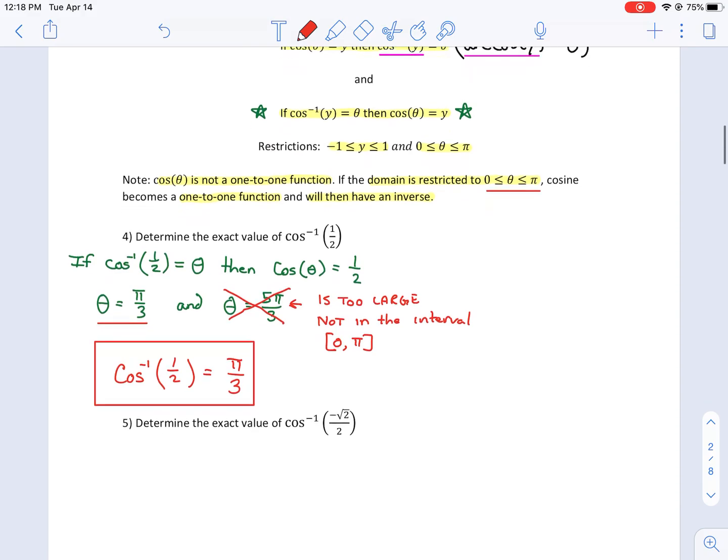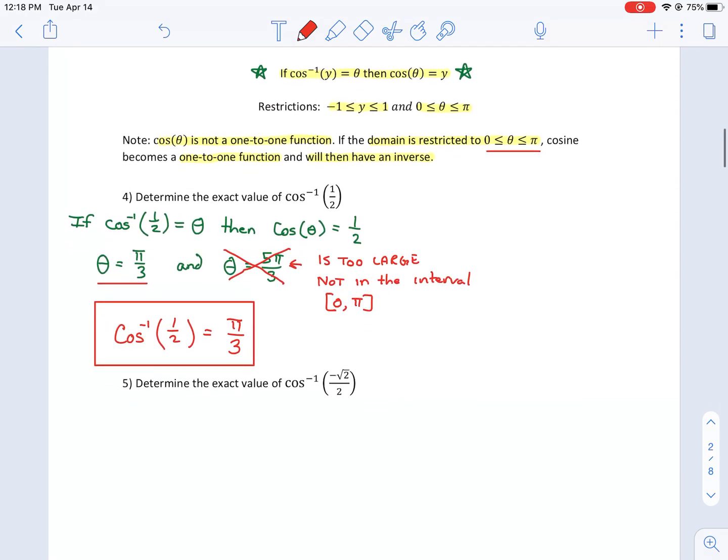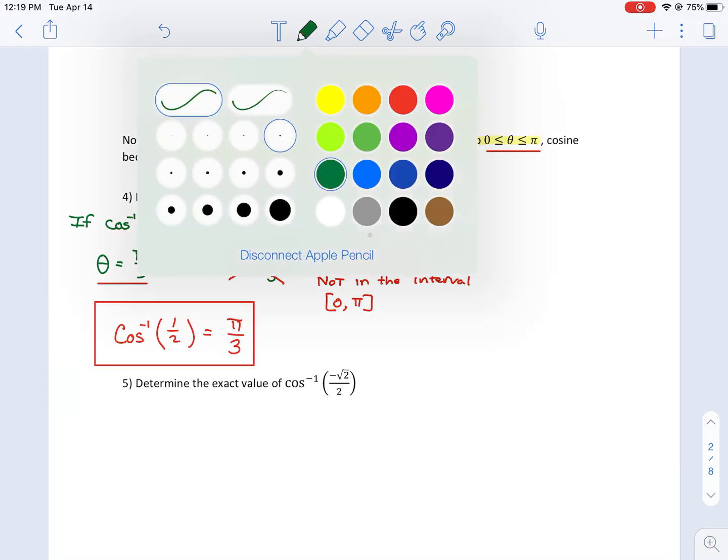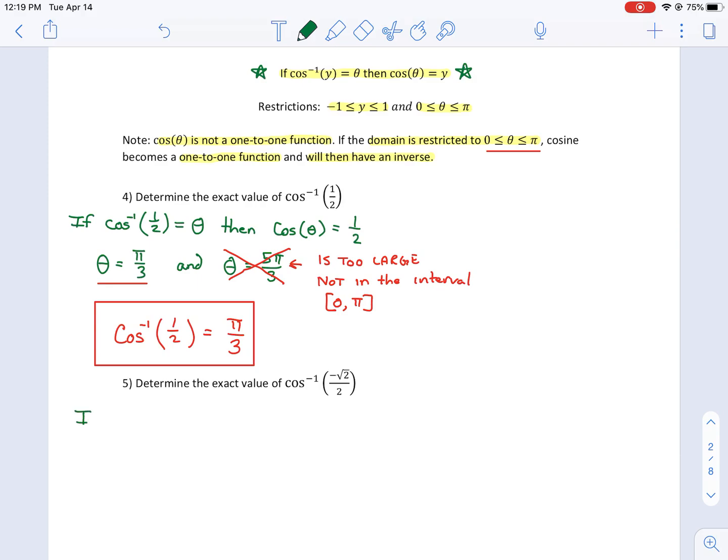Example 5. Determine the exact value of the inverse cosine of -square root of 2 divided by 2. And I'm going to start this problem exactly the same way I started example 4. So if the inverse cosine of -square root of 2 divided by 2 is equal to theta, then the cosine of theta has to equal -square root of 2 divided by 2.